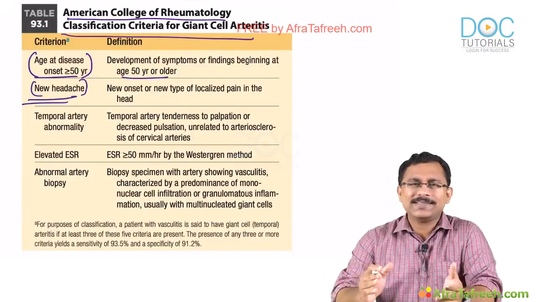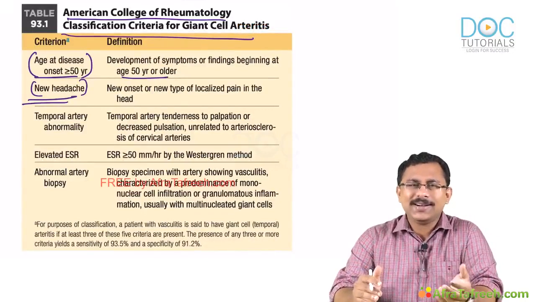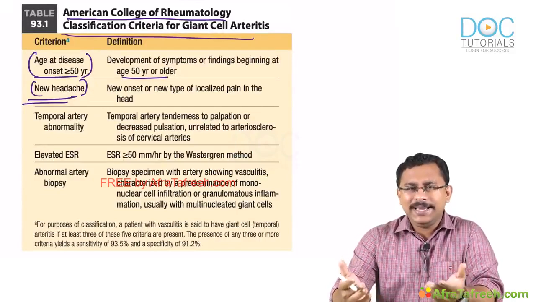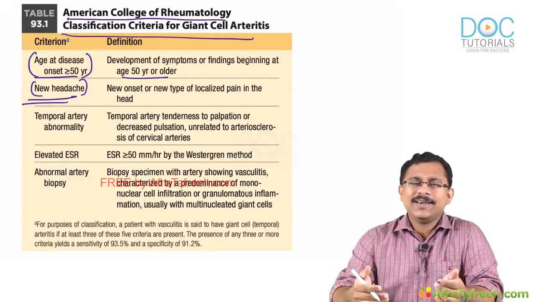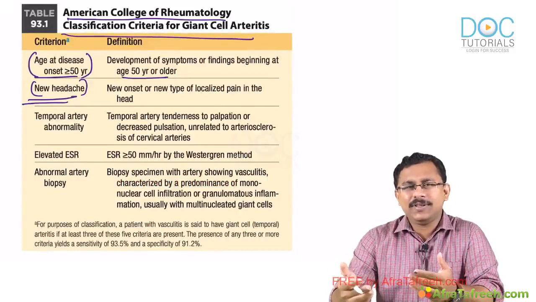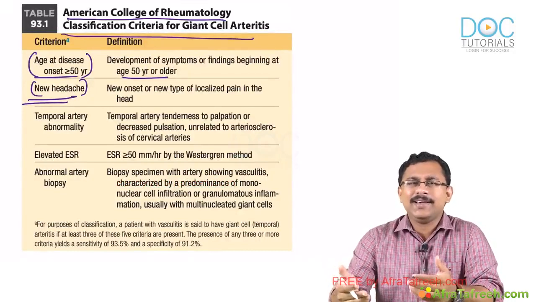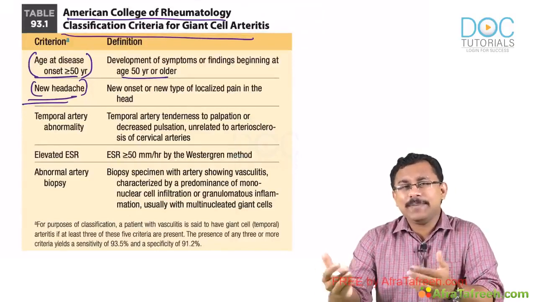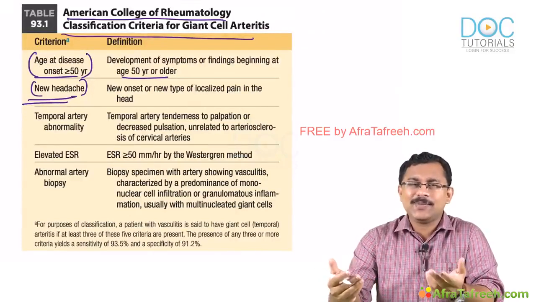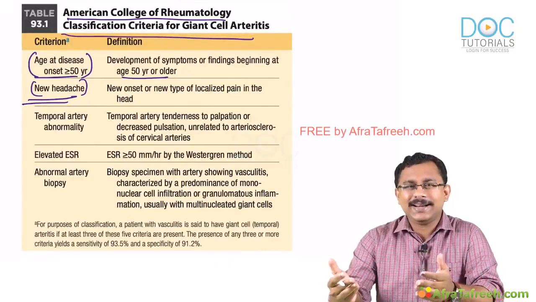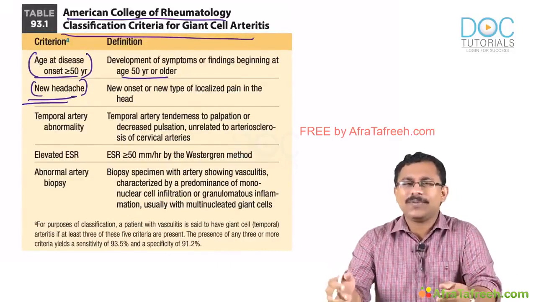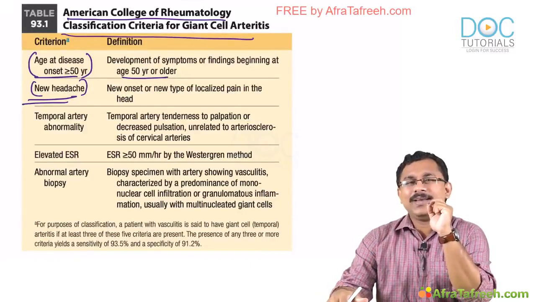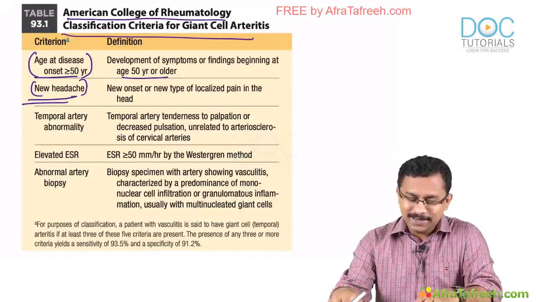Suppose somebody has had headaches from 20 years of age and is already diagnosed with migraine, and comes at around 56 years with another migraine episode. Just because he is above 50 and has a headache doesn't mean this is giant cell arteritis, because his headache has been there for long. But if it is a new onset headache in an elderly patient, then you must suspect giant cell arteritis.